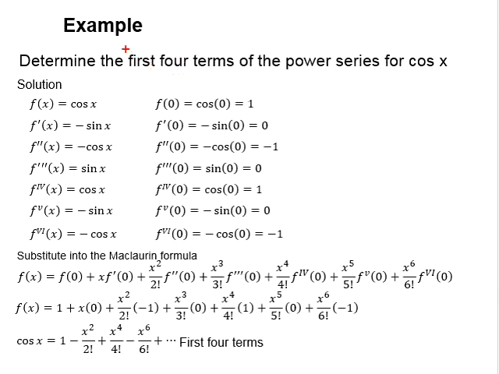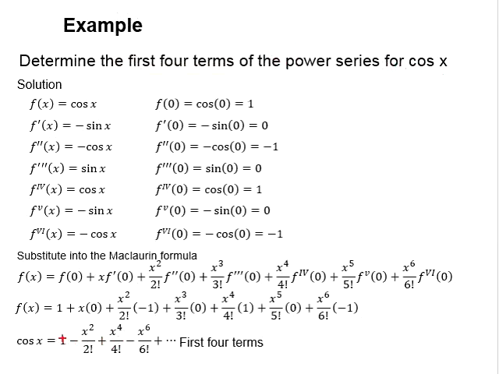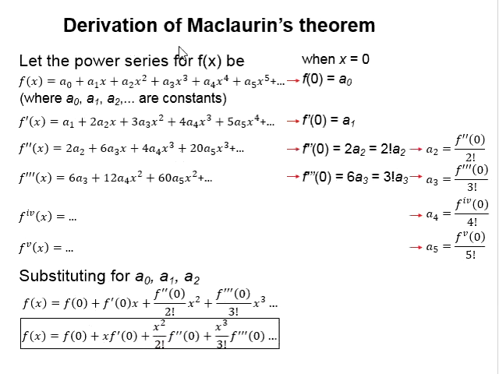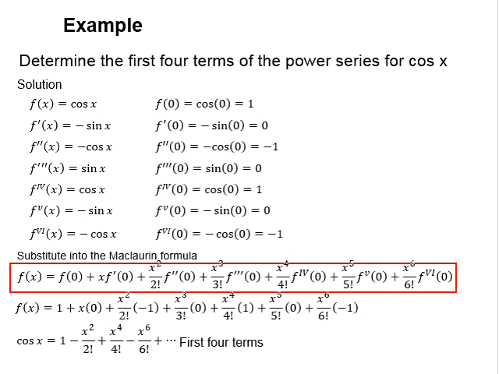You are asked to find the first 4 terms of the power series of cos x. The first 4 terms means the first 4 terms of the series here. In order to acquire the first 4 terms, you will need to refer to the formula of the Maclaurin theorem, which is written in this manner.